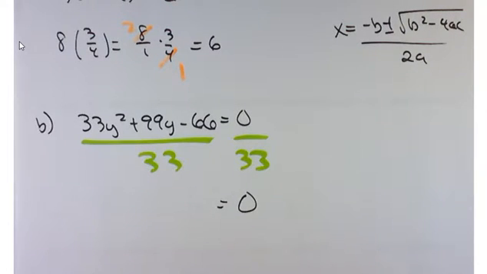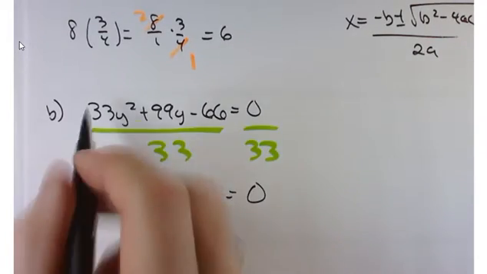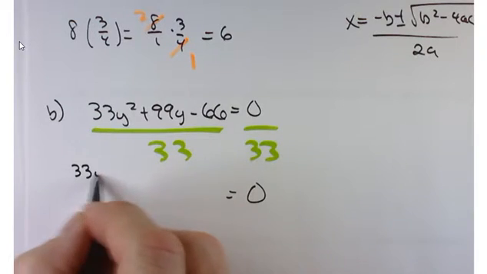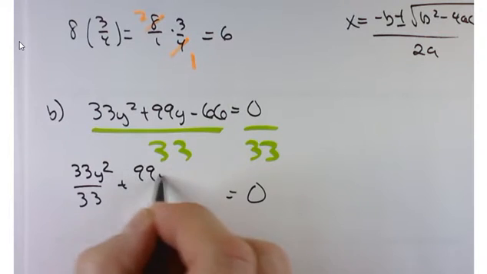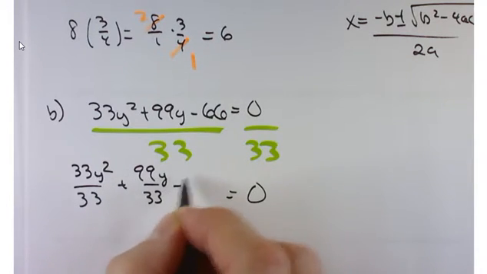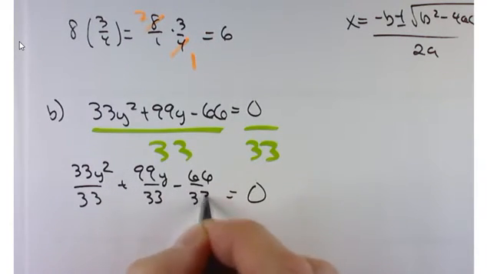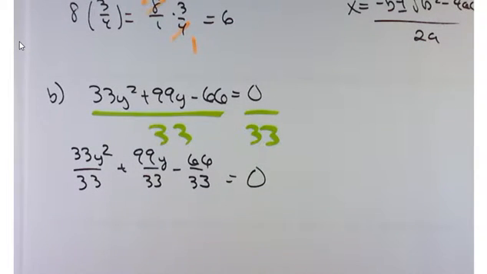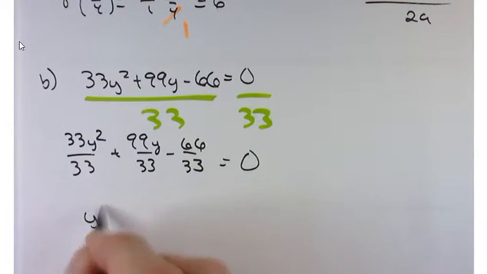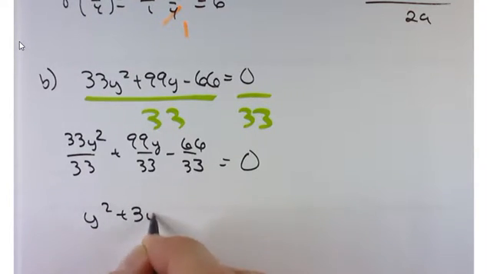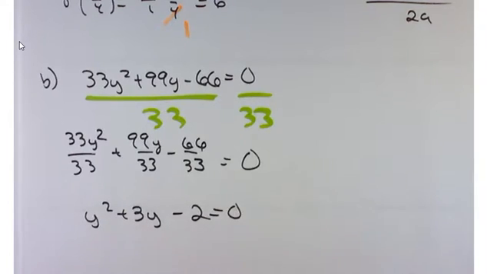On the left-hand side, this 33 really divides all these terms. 33y squared over 33 plus 99y over 33 minus 66 over 33. What do I end up with? y squared plus 3y minus 2 equals 0.